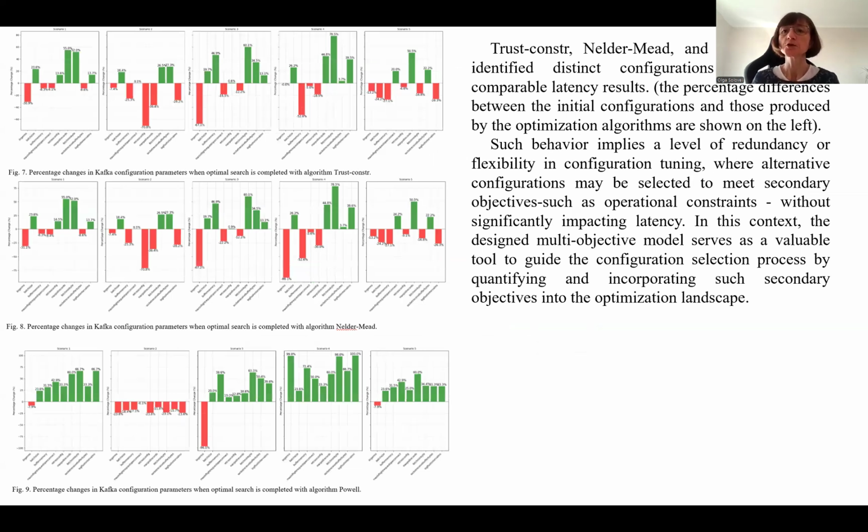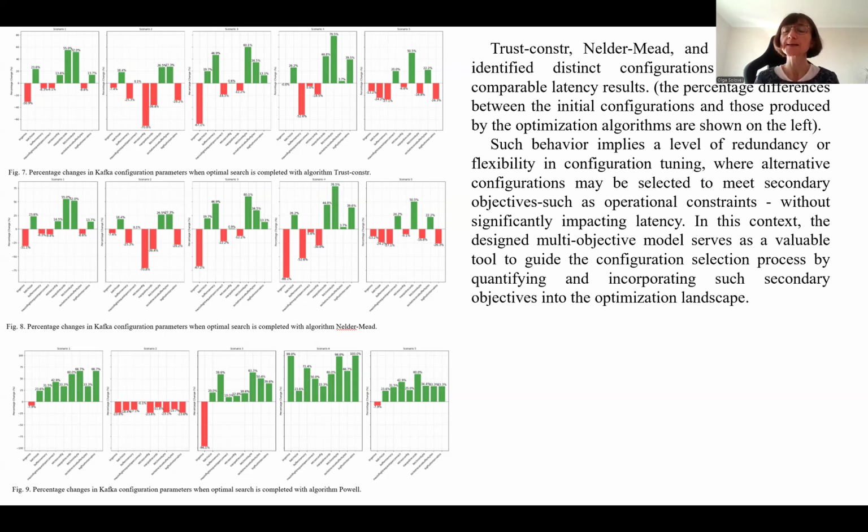This slide shows how different configurations had been found by the three methods that succeeded in this study: trust region constraint, Nelder-Mead, and Powell.